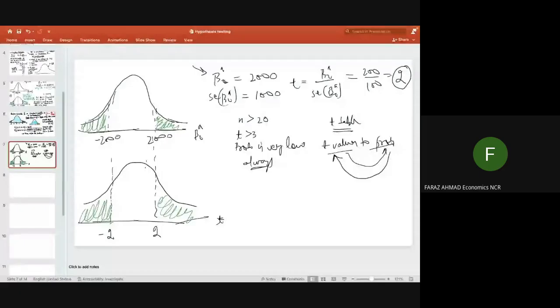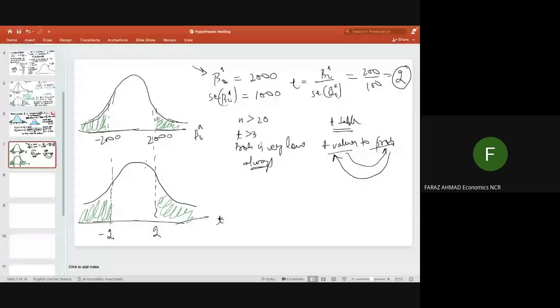Suppose I'm saying sample size is greater than 20, which is normally the case, and you are talking about any probability distribution, then if the t value is greater than 3, probability is going to be very low, less than 0.05, 5%.